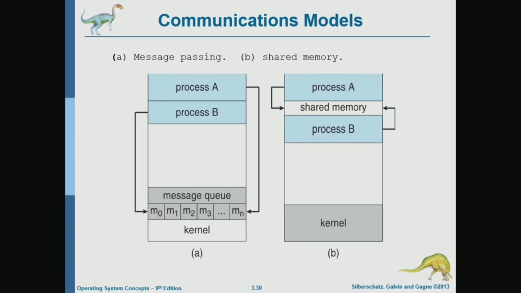That shared memory block will be put in the address space of process A. But it will be a special memory block that, under system control, can be accessed by multiple processes. So remember, it's the system's job, the kernel's job, to do memory protection and prevent a process from accessing the address space of another process.